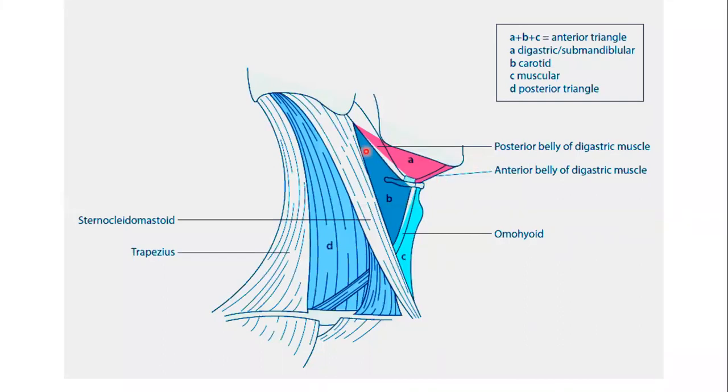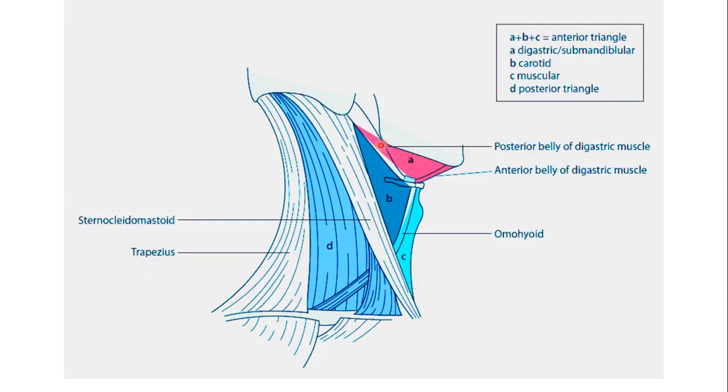You see the lateral side of the neck. We can discuss its boundaries. Anteriorly is the anterior median line, and posteriorly is the trapezius, its anterior border.